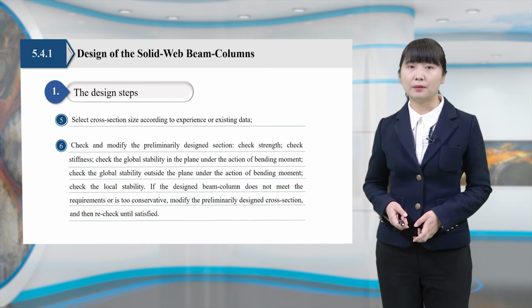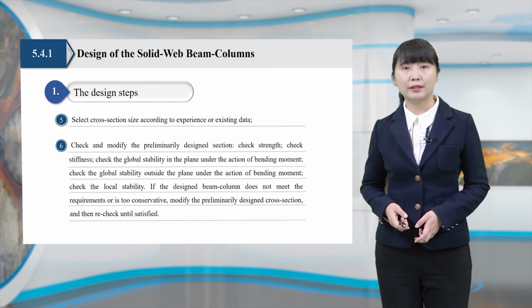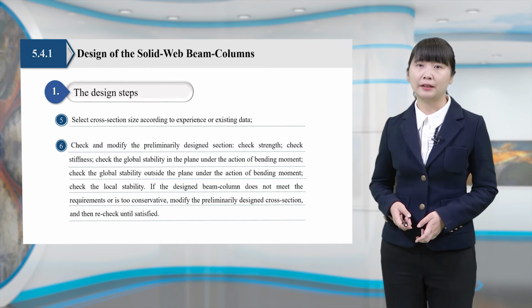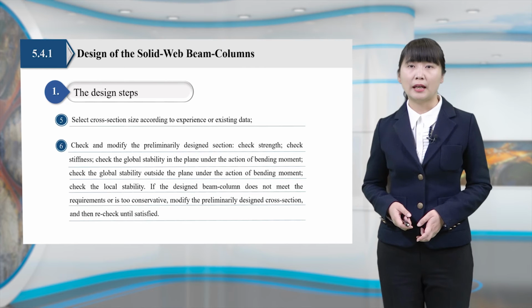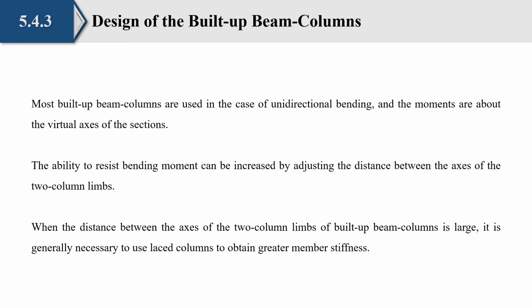If the designed beam column does not meet the requirements or is too conservative, modify the preliminarily designed cross-section and then recheck until satisfied.